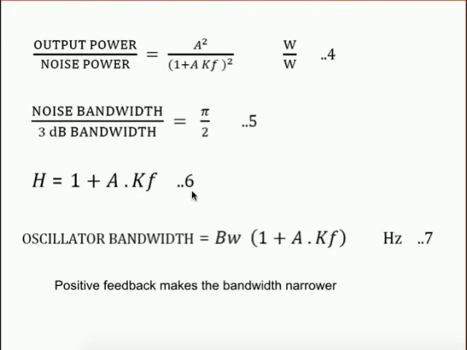So this is the ratio by which the gain will be changed by feedback, and also the ratio by which the bandwidth will be changed by the feedback. So the oscillator bandwidth is going to be equal to the bandwidth of the resonator multiplied by 1 plus AKF, this factor H. So this is going to narrow the resonator bandwidth.